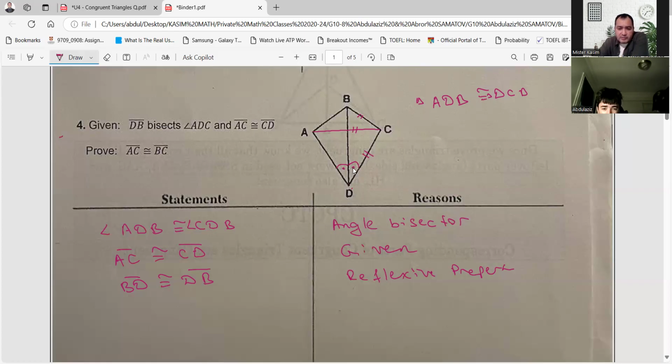This angle equals this angle, and AC is congruent to CD. How can I show that AC is congruent to BC? We don't have enough information here.